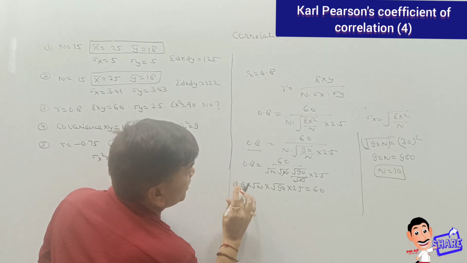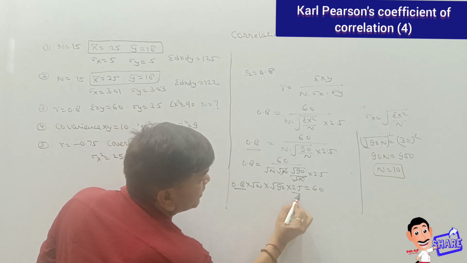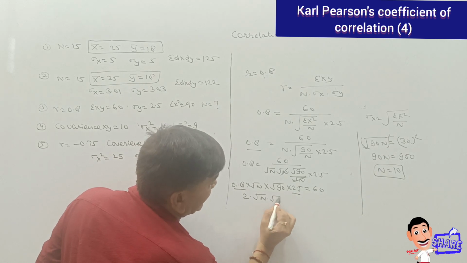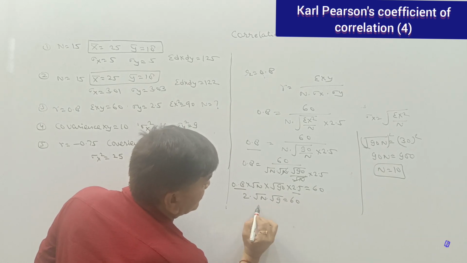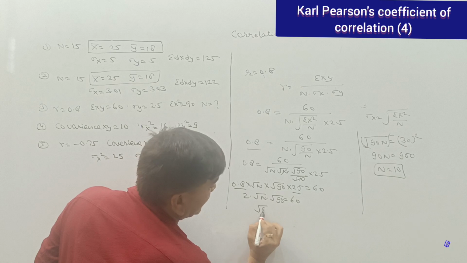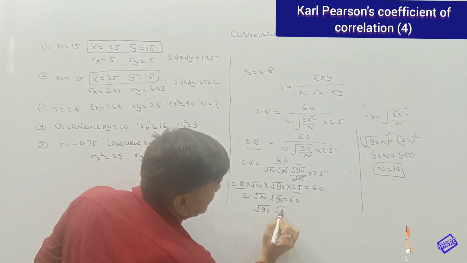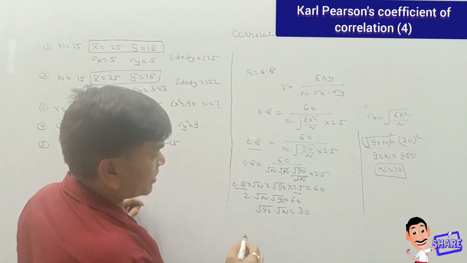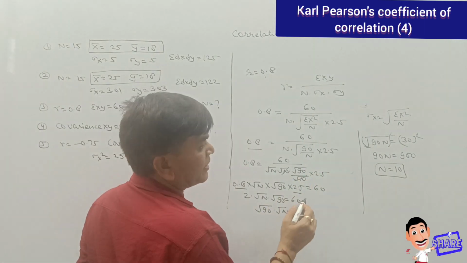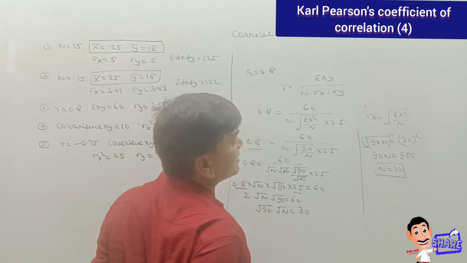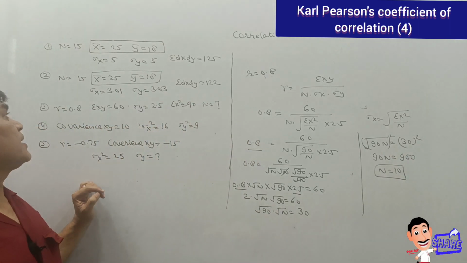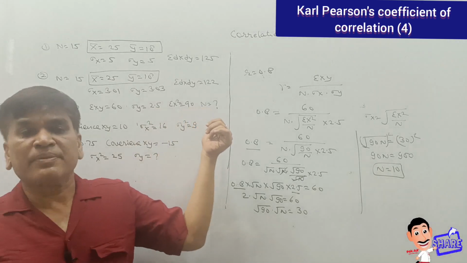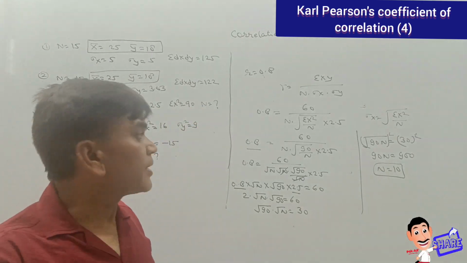So 0.8 multiply 2.5, that is 2, root n root 90, that is 60. So root 90 and root n, that is 30. So taking square on both sides, we are having 90 n that is 900, so value of n is 10. So with the help of this you can do the third question, the value of n you can calculate.